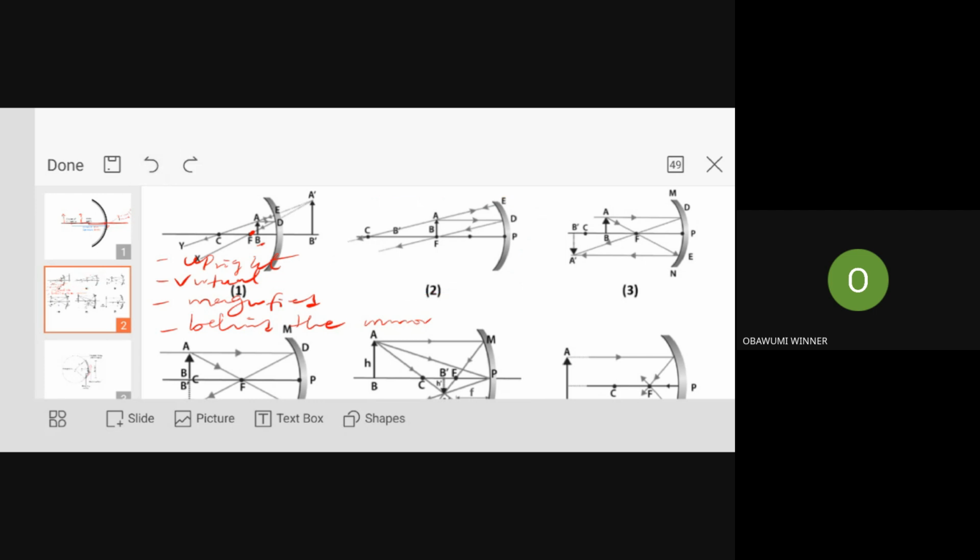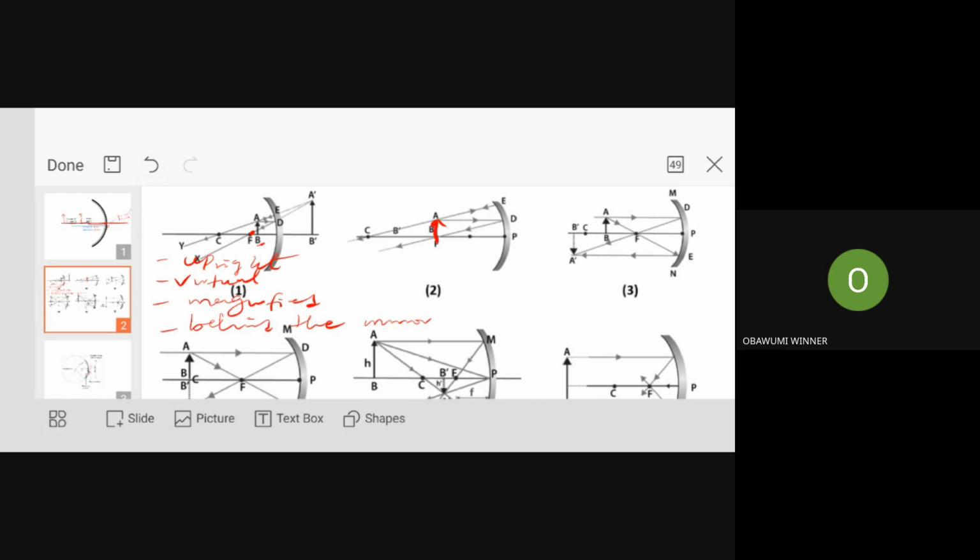You can see I have an object kept exactly at point F. Now, anytime an object is kept at the principal focus, and you want to find the nature of the image that will be produced, the truth is that the image will be formed at infinity. So you are not going to see any image at all. The image will be formed at infinity.